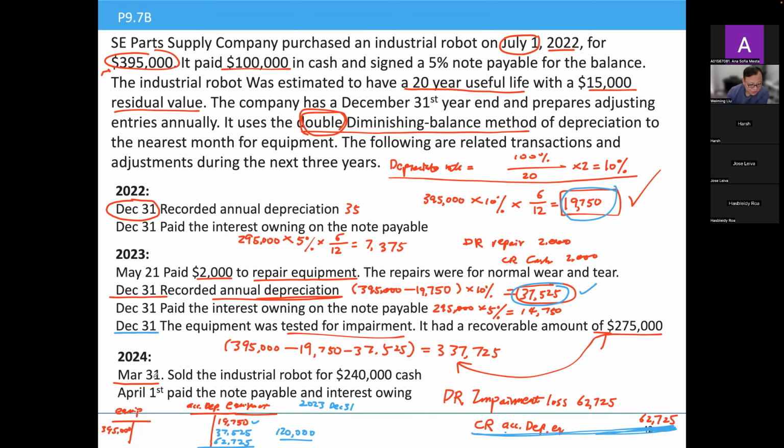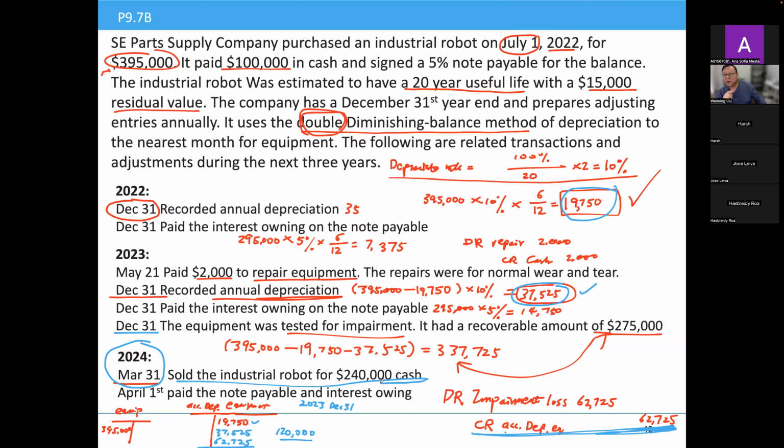Now, 2024, March 31st, they sold that equipment. Now I'm going to do that journal entry to dispose of that asset. So tell me, what is my first step? If you dispose an asset, what's the first step? Do you remember the 4 steps, right?